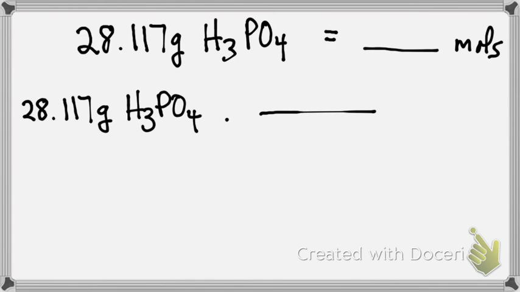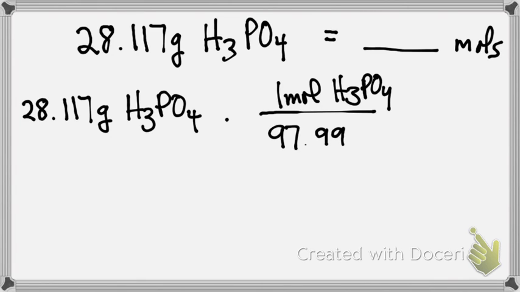And we know that 1 mole of phosphoric acid is 97.9952 grams of phosphoric acid.